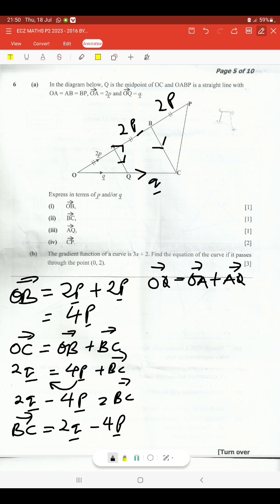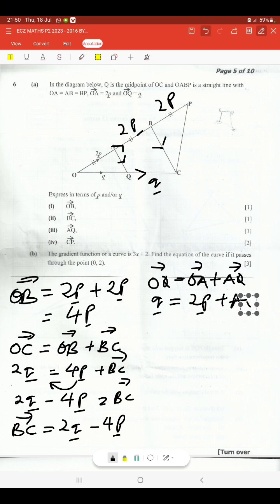So if we were to replace the magnitudes or the size of the vectors, OQ is going to be Q equals vector OA, which is 2P, plus AQ, so I found our AQ.